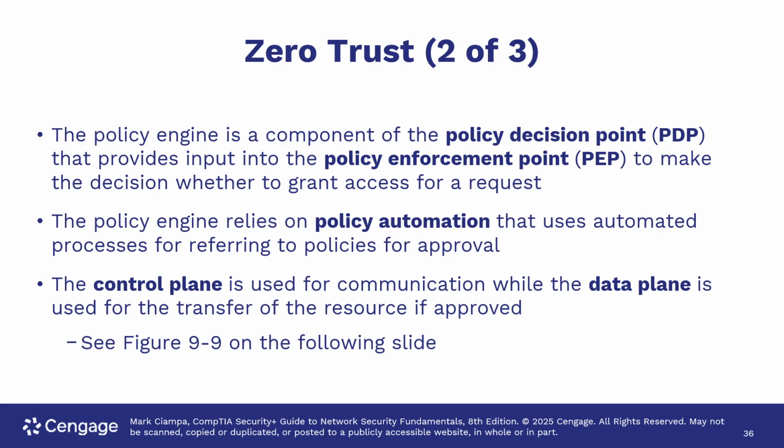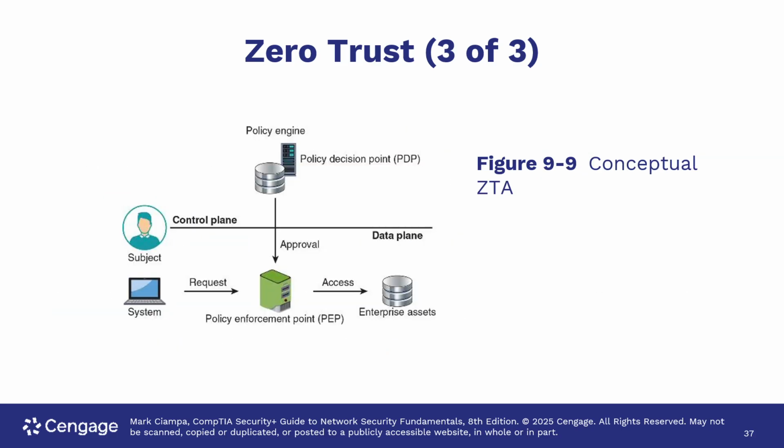The policy engine relies on policy automation that uses automated processes for referring to processes for approval. So the control plane is used for communication, while the data plane is used for the transfer of the resource if approved. We'll see this in the next slide here.